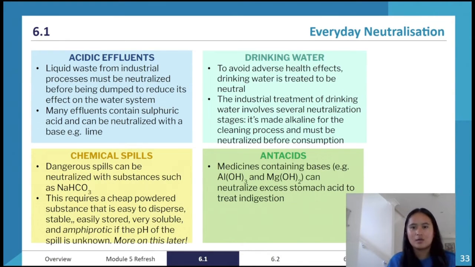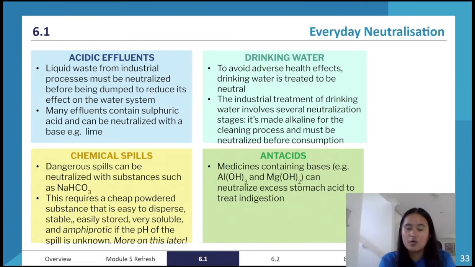They clean it. They want it to be neutral. They have different chemicals added in so that it's neutralized and then good for drinking. So whenever you drink water from the tap, just know that that's undergone a neutralization reaction.